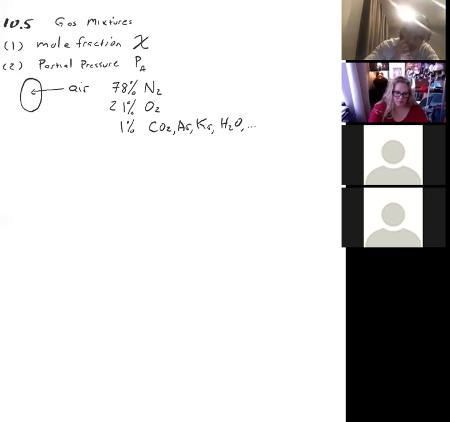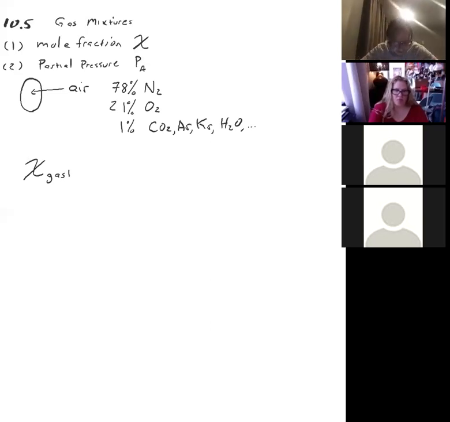So we're going to deal with this in the following way. We're going to define this mole fraction, so I'm going to call this the mole fraction of gas 1. And based on the name, mole fraction, you can kind of figure out what it is. It's a fraction, so it's a ratio, something divided by something, right? Somehow it has to do with moles.